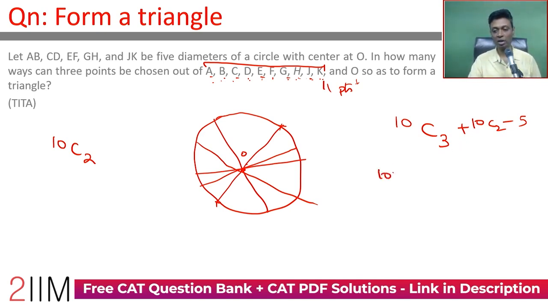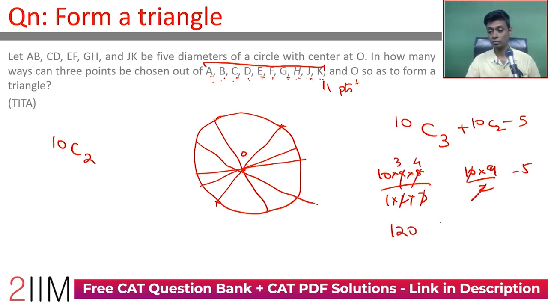So 10C3 is 10 into 9 into 8 by 1 into 2 into 3, which is 120. 10C2 is 10 into 9 by 2, which is 45, minus 5. So 120 plus 45 minus 5, 120 plus 40, 160.